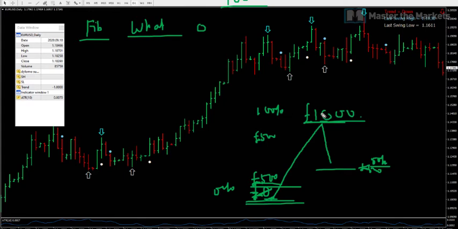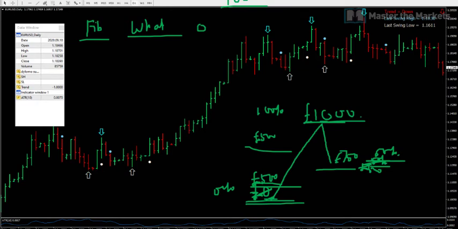If you were to get a true 50% discount of this £500 move, that would be £250, isn't it? 50% of that. So £1,000 minus £250 would become £750, and that would be your 50% discount level point. Okay, so that is in essence Fibonacci.